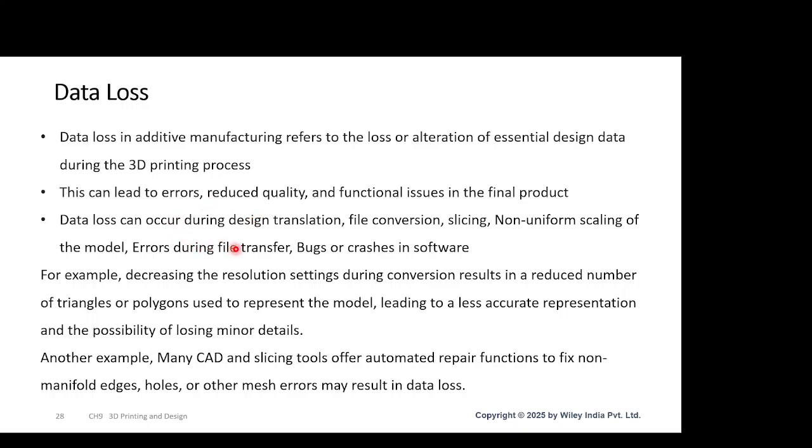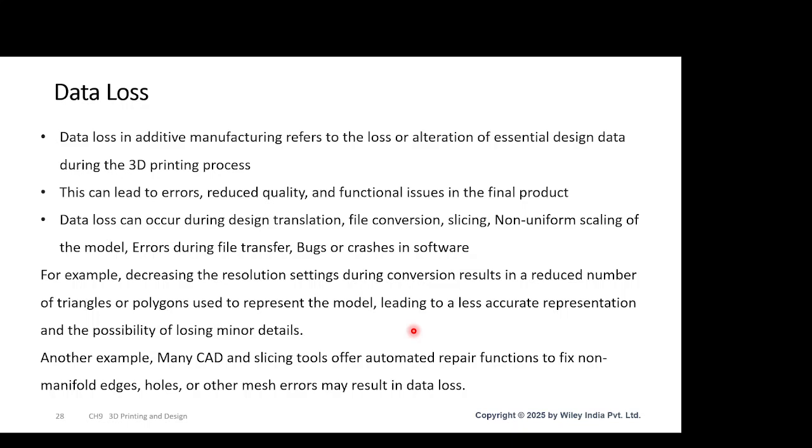Then errors can also occur during file transfer. If I'm mailing it to you, errors can creep in, then bugs or crashes in the software. For example, decreasing the resolution settings during conversion results in a reduced number of triangles or polygons which are used to represent the model. If you're reducing the number of pixels, your image quality will go down.